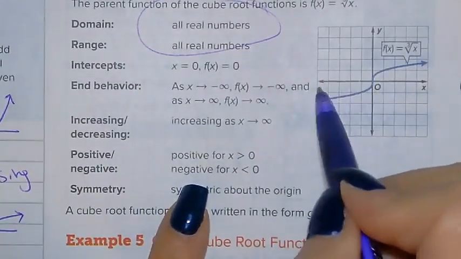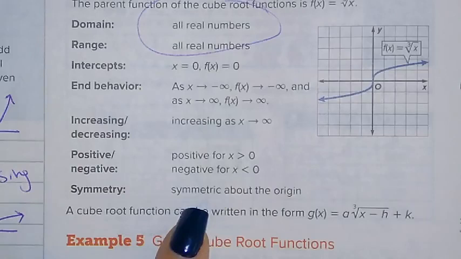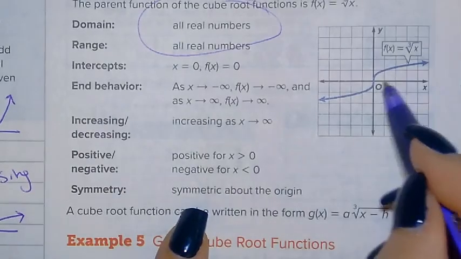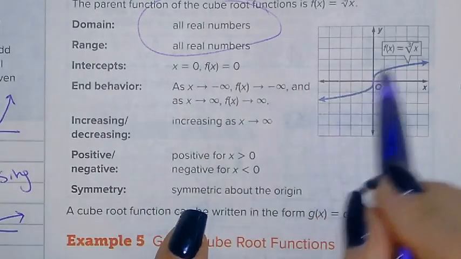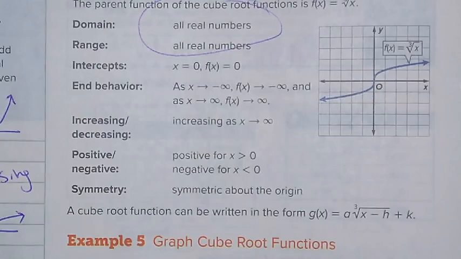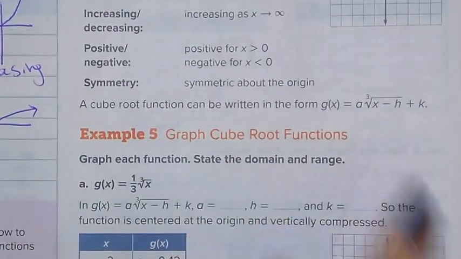It is symmetric about the origin. It's the same thing this way as this way, same shape. Okay, again, transformations, you just put cube root instead of square root, and let's do some cube roots.